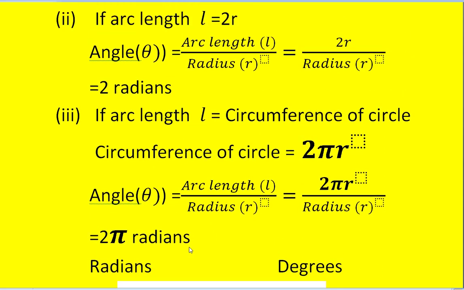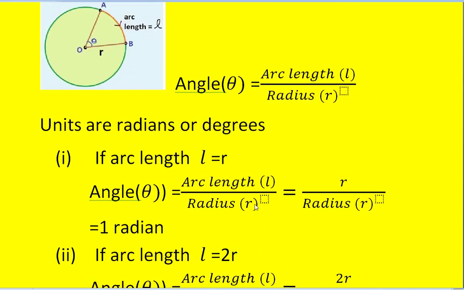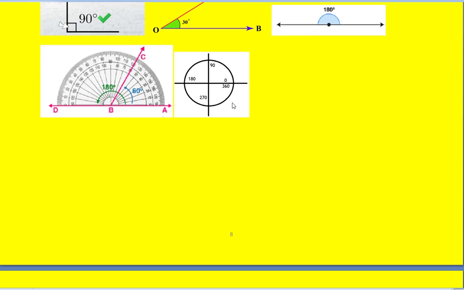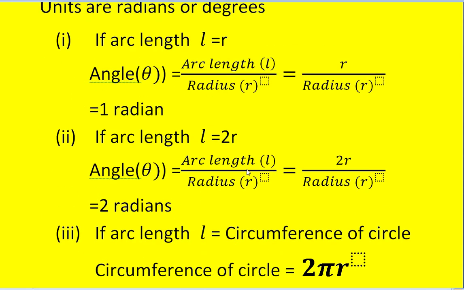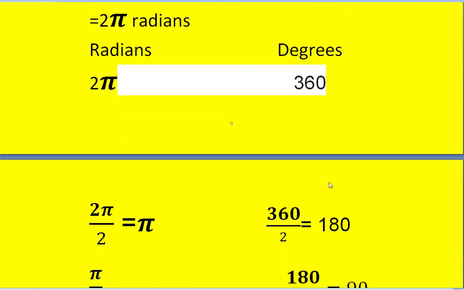We know for a circle, the angle is 2 pi radians. In degrees it is 360 degrees, because we start at the starting point, go around, and come back to the 0 position. So it is 360 degrees, and this is also equal to 2 pi radians.